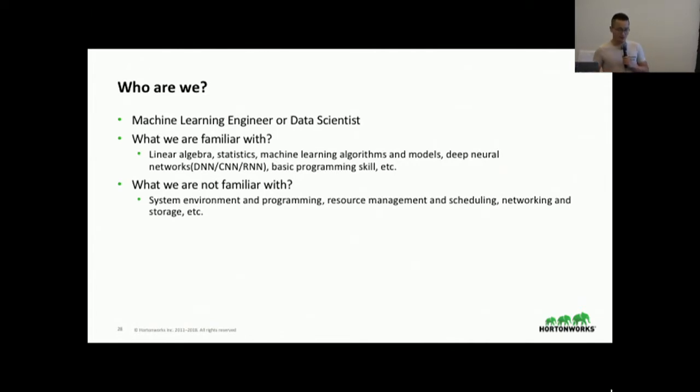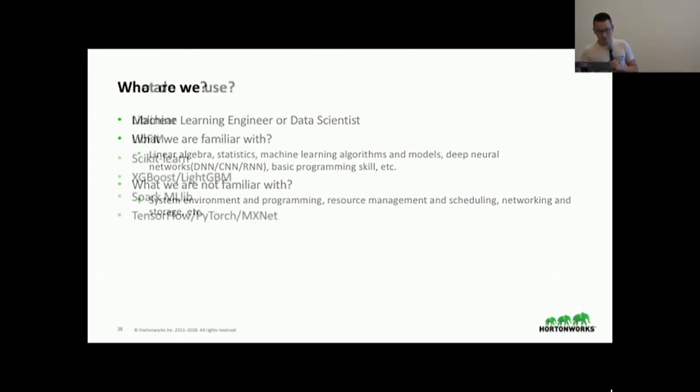This is the responsibility of the machine learning engineer. But they don't want to handle too many system errors. If there are too many system errors, they will make the machine learning engineers work less efficiently. So we should provide a good platform that can help us finish the goal.